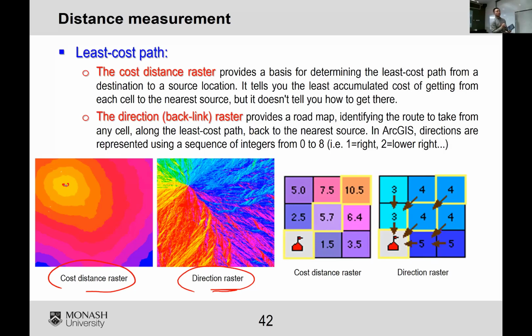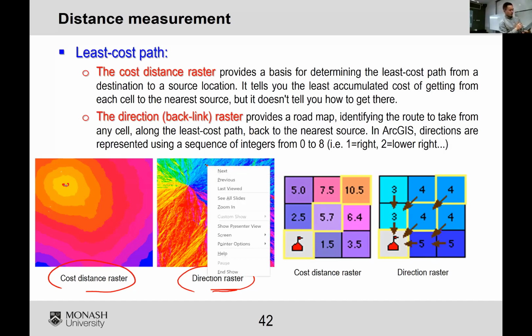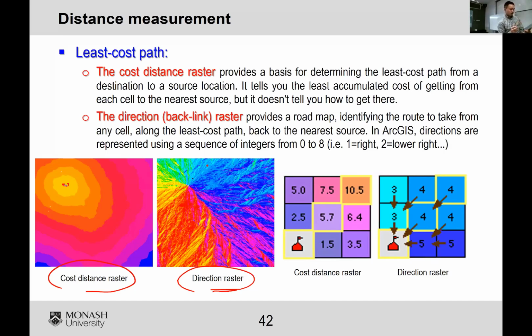So you see the color here follows a pattern, right? So if you're standing at this location, basically the color tells you, okay, you should travel to the lower right, the lower left, in order to get to the source location. So this is the direction raster.